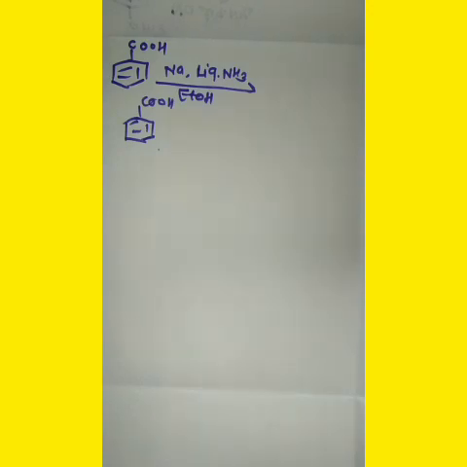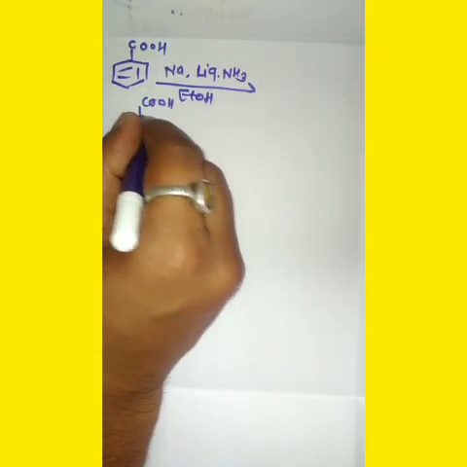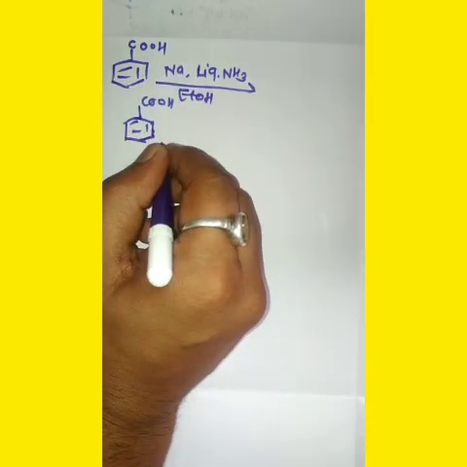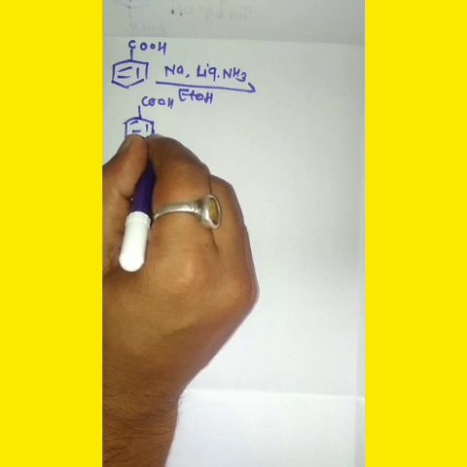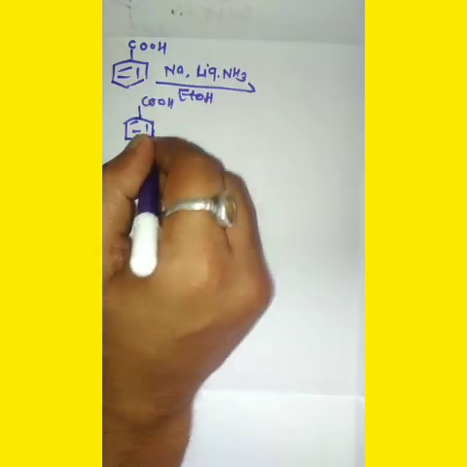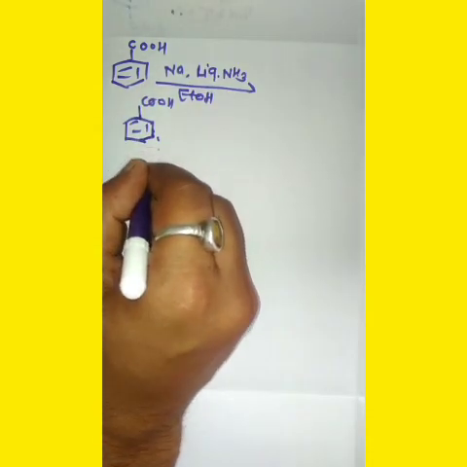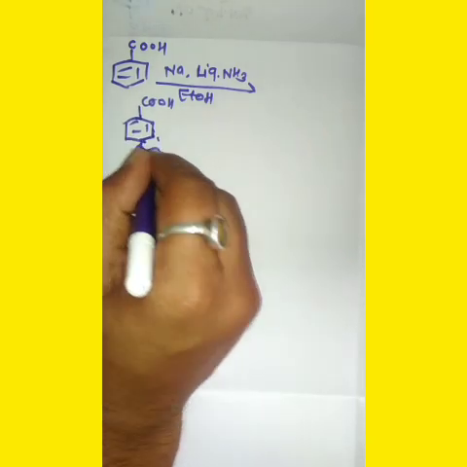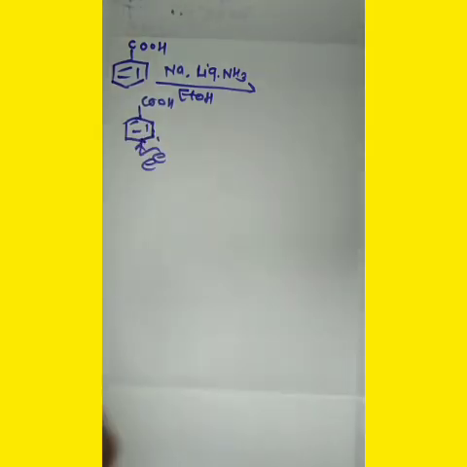Now here, electron withdrawing groups withdraw the electron density much more from the para and ortho positions. It is electron rich at the meta position, so we cannot add electrons at the meta position. We add the electrons at the para position because it is an electron deficient position for the electron withdrawing groups.